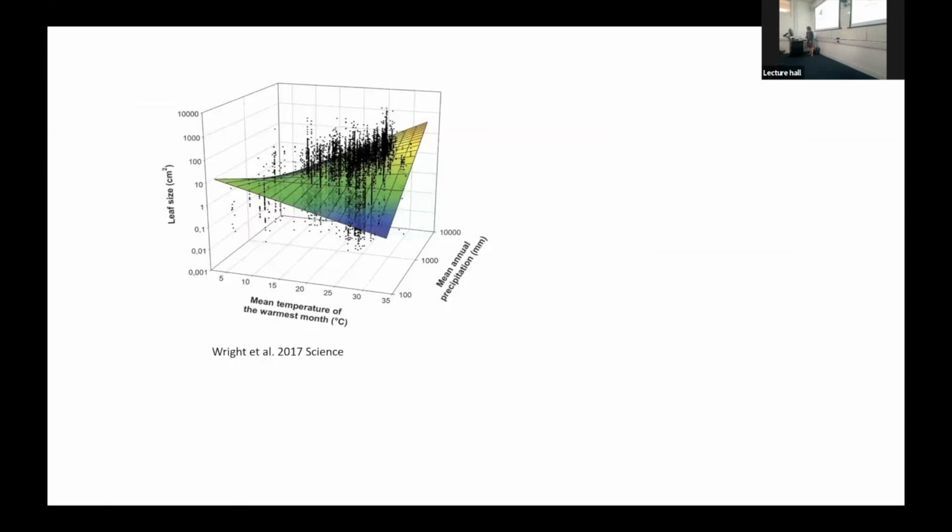So, for example, this comes from the work of Ian Wright and colleagues. And what this shows is the predicted maximum leaf area of an individual lamina, depending on a combination of climatic factors. And this is, in my view, a beautiful piece of science. And I feel very proud and very grateful to be a co-author of it.